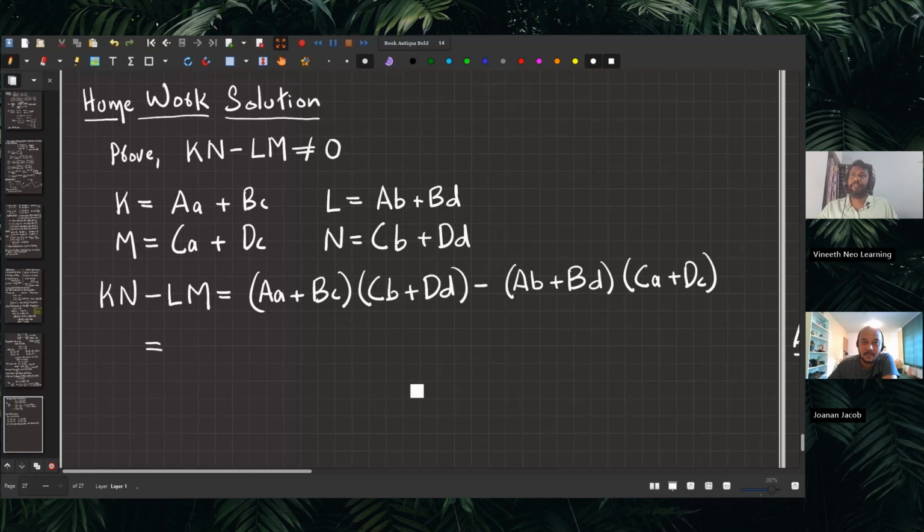Let's multiply and find the product. Write the capital letters initially, then write the small letters. That will be better.